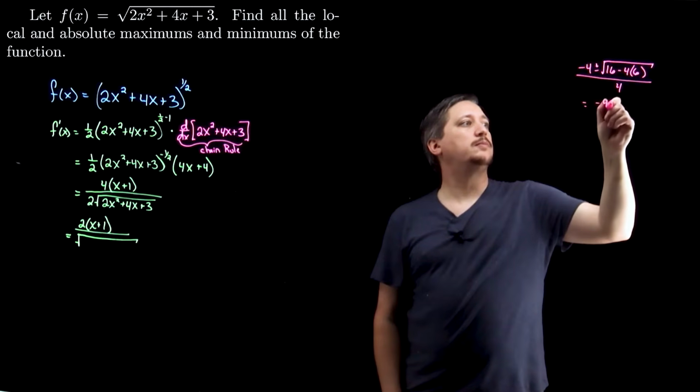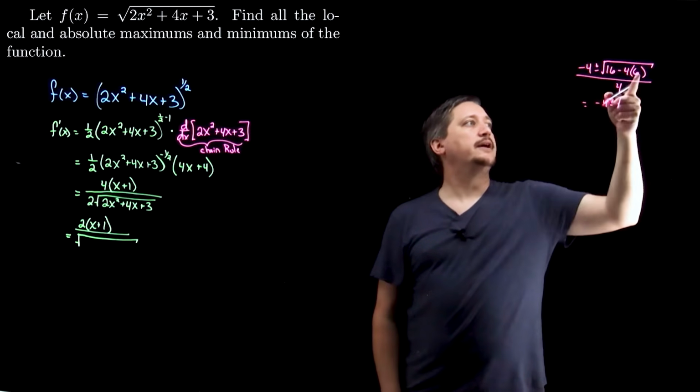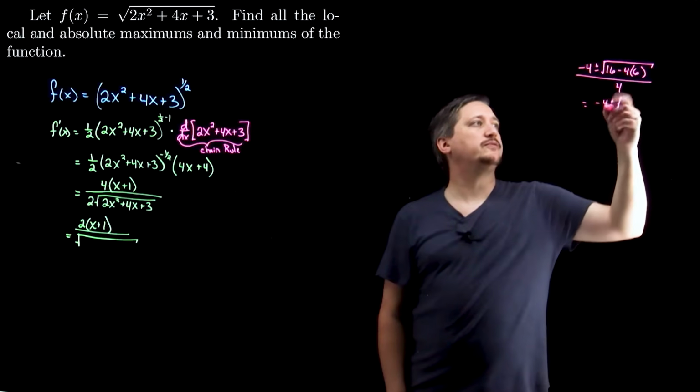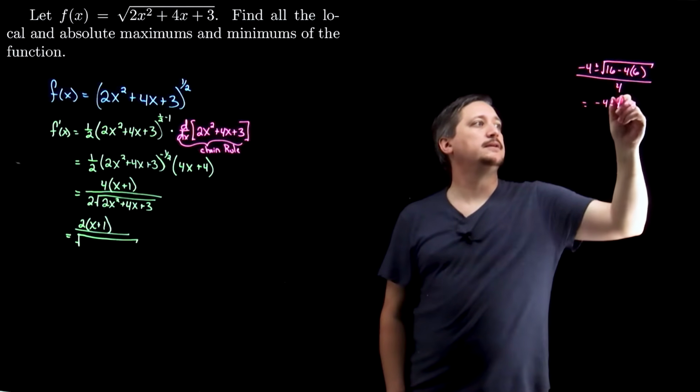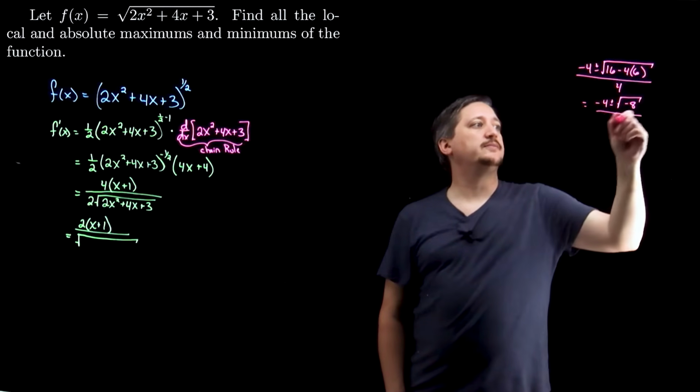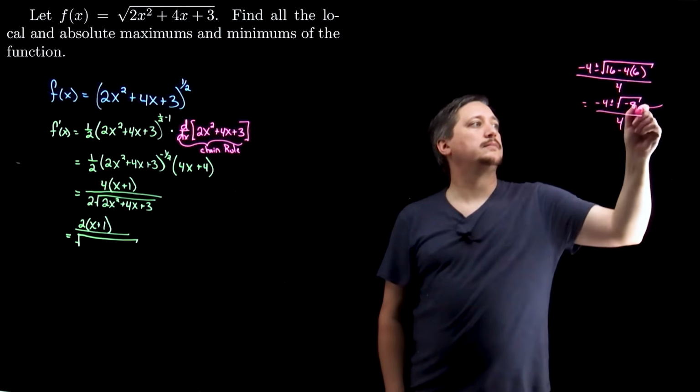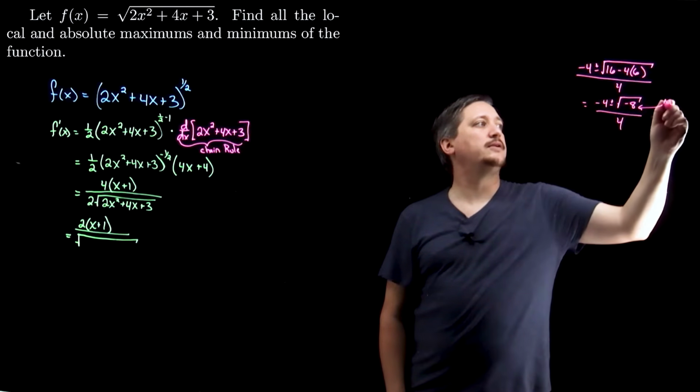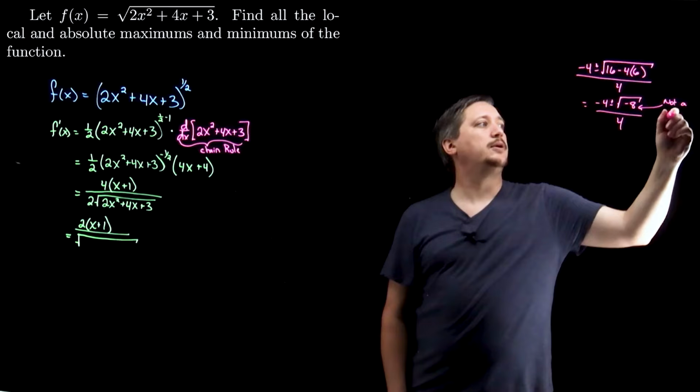So that's minus 4 plus or minus the square root of 16 minus 24, so that's going to be negative 8. But this already tells me that this is not a real number.